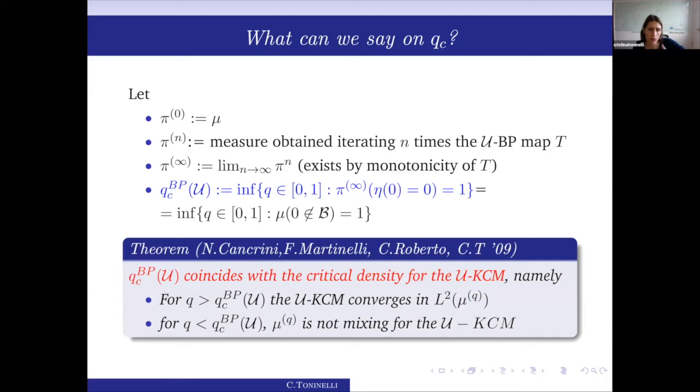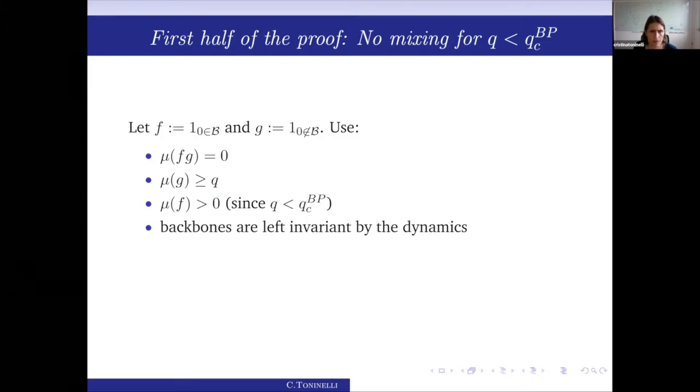So it's really a percolation threshold for the bootstrap percolation dynamic. And what I was saying is that the critical density separating the mixing and non-mixing regime, and also the convergence and non-convergence regime for the KCM, coincides with the critical density for the bootstrap percolation. In fact, this is quite a simple result.